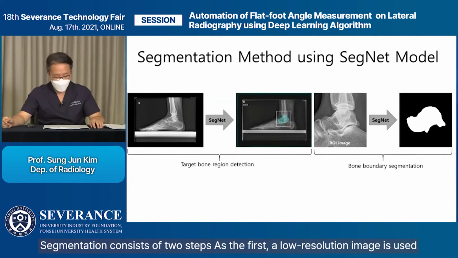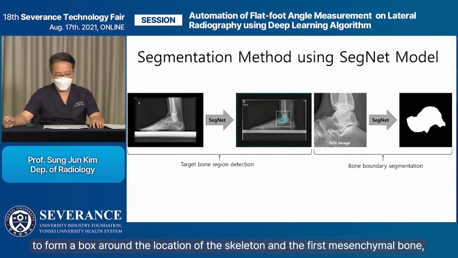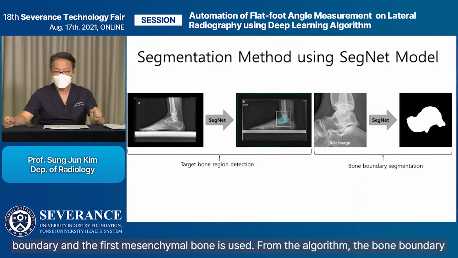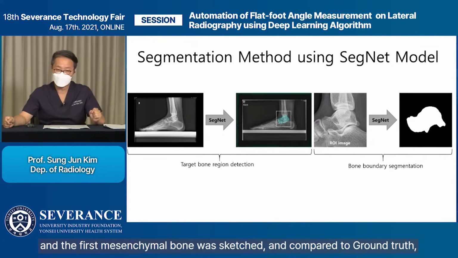First, a low-resolution image is used to form a box around the location of the talus and the first metatarsal bone, and inside the box, semantic segmentation of the talus boundary and the first metatarsal bone is used.